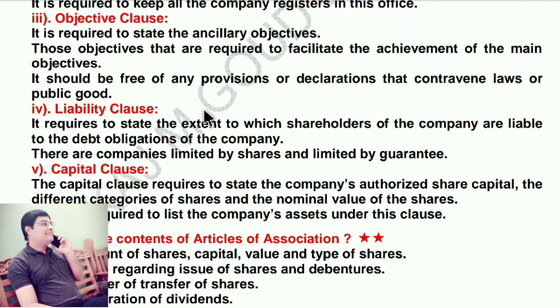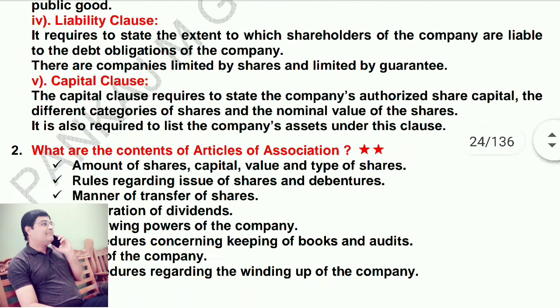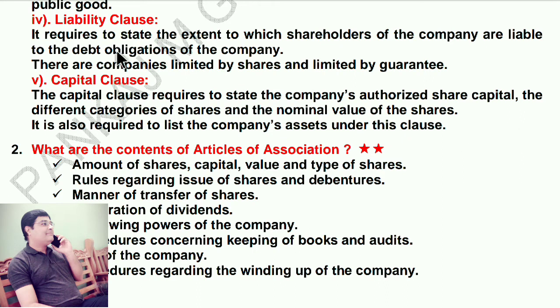Next one, liability clause. It requires stating the extent to which shareholders of the company are liable for the debt obligations of the company. There are companies limited by shares and limited by guarantee. Capital clause.